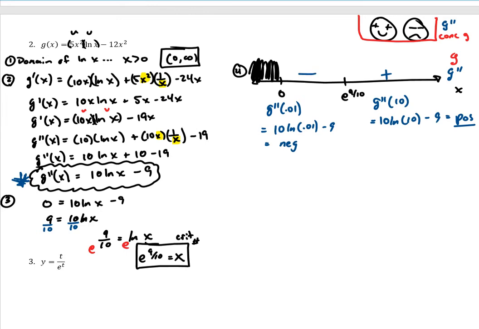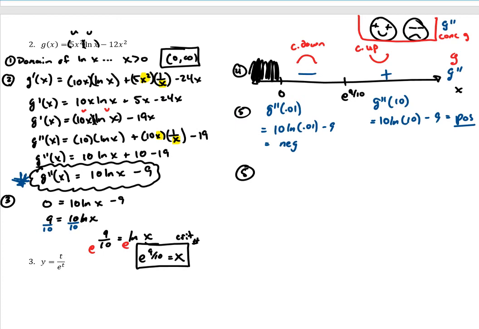And then now we have the concavity. So where the second derivative is negative, I have concave down, or it looks like a frown. And then where the second derivative is positive, I have concave up, which makes it look like a cup. Okay, so there it all is, and this was part of step 5, doing this work on the number line.